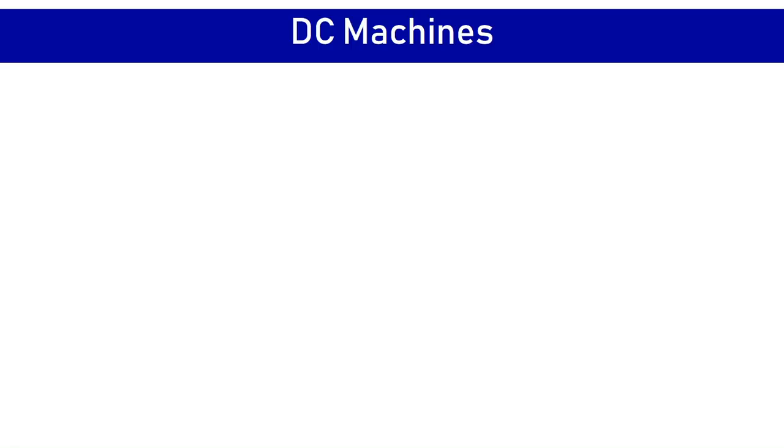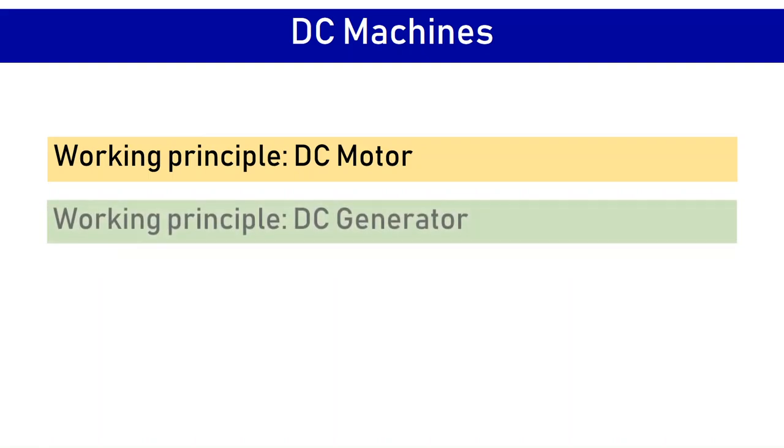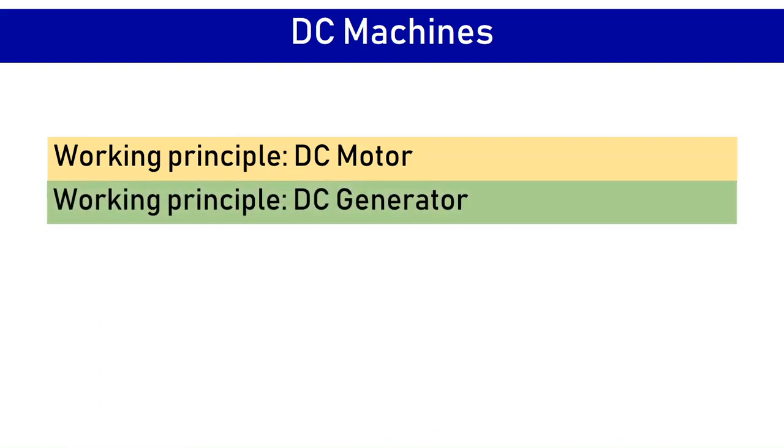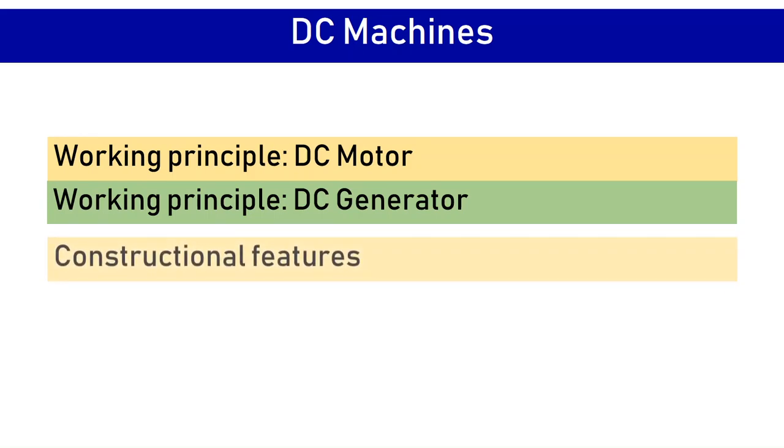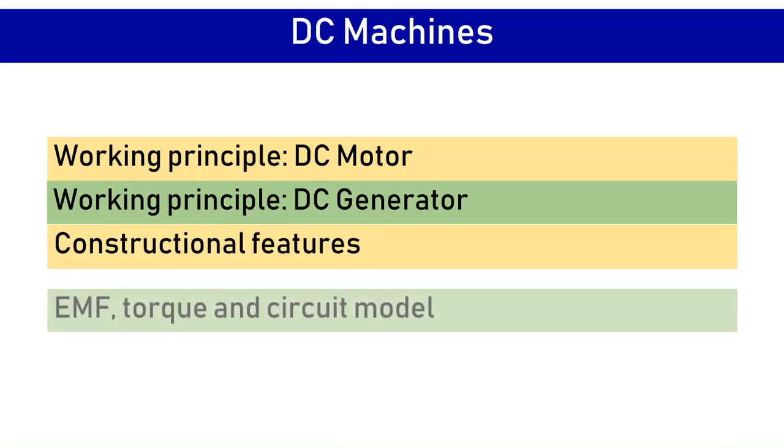In this unit, we will be covering the basic concepts of DC machines. We will start with the working principle of DC motor. Thereafter, we'll go to the working principle of a DC generator. Once we understand the working principle, we will be able to better appreciate the constructional features of a DC machine.